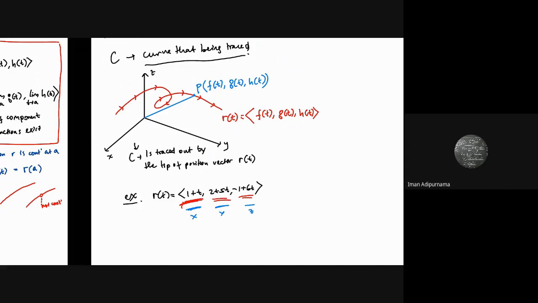We can check the positions through those parametric equations, and it will be a line, right? We can also trace out the curve C.